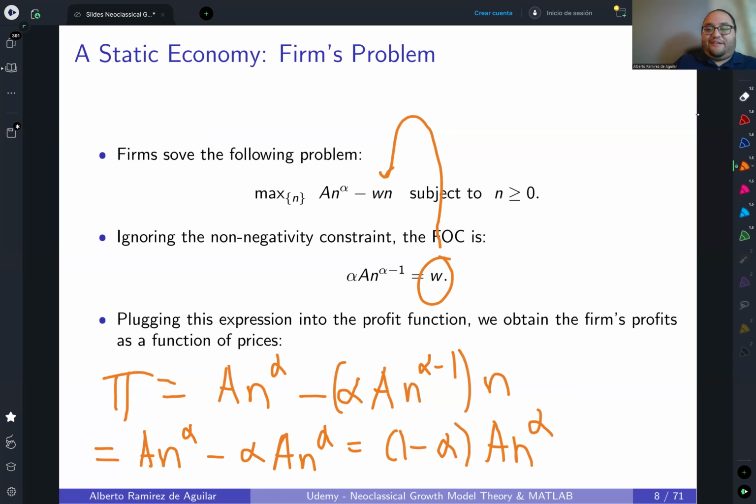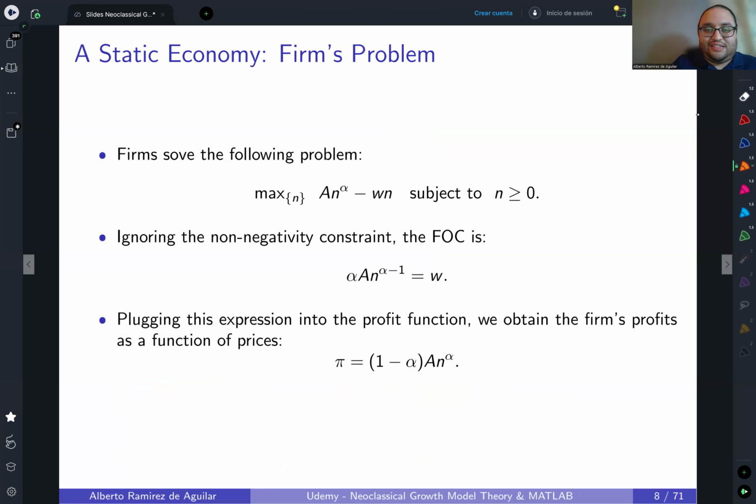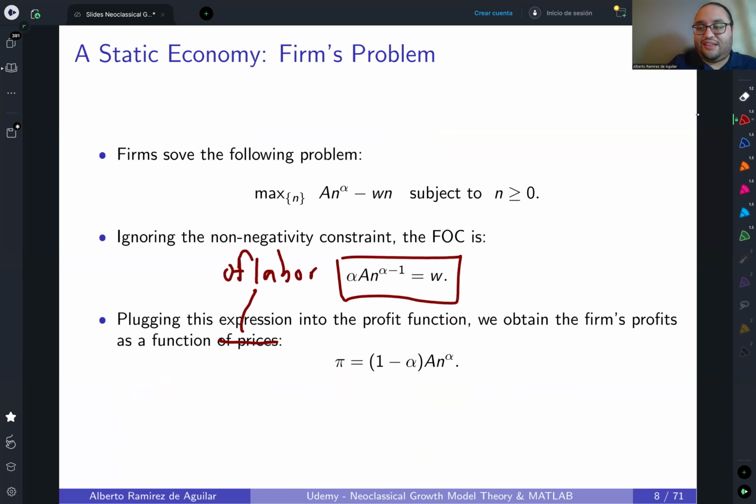In here there's a slight typo, and I'm sorry about this. I will correct this in the slides. It's not a function of prices, it's a function of labor. But again, with this equation, I can solve, as I already did, for the optimal labor as a function of prices.